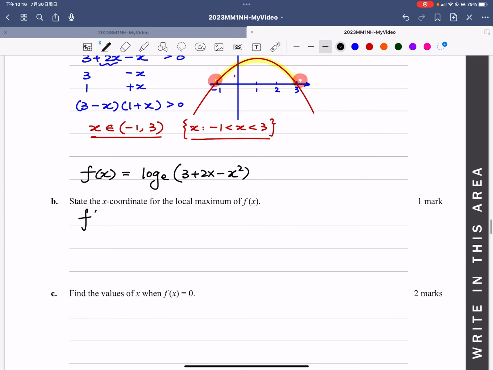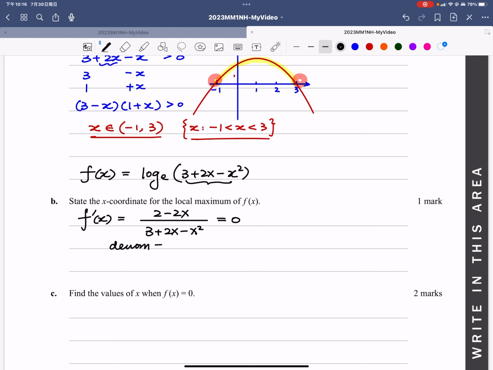So if I differentiate this function, I will get 3 plus 2x minus x squared as my denominator. And the numerator will be the derivative of the inner function, okay? So it's 2 minus 2x equals 0. Denominator cannot equal 0. So 2 minus 2x equals 0. x equals 1. Whoa. This is very handy. It only looks for the x coordinate.